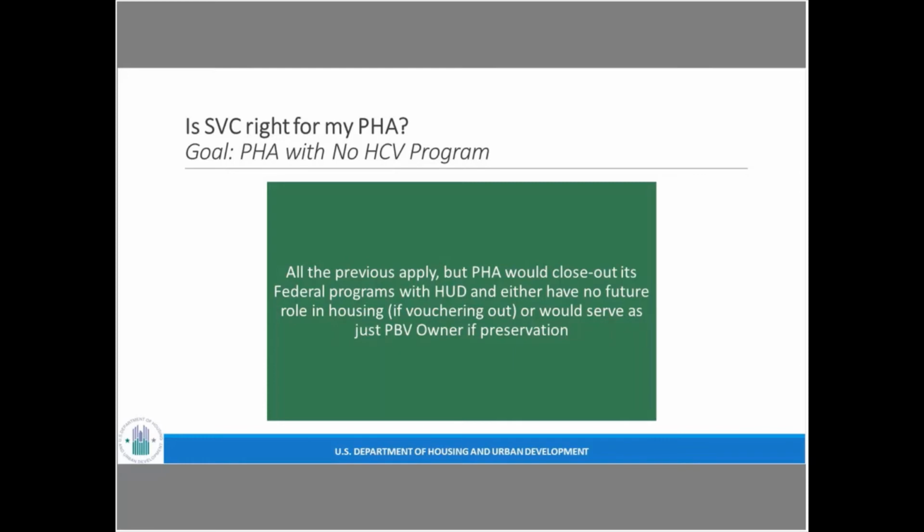And if there is preservation, then the public housing only agency would likely just serve as the project owner, and then the partnering agency would be the HCV administrator. So again, all these are possible scenarios, just more things to think through in terms of planning.